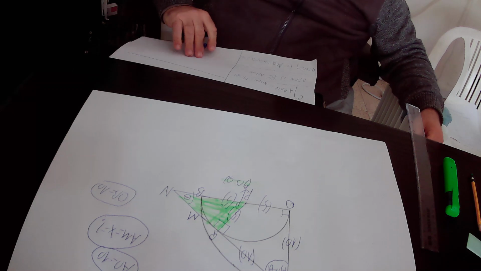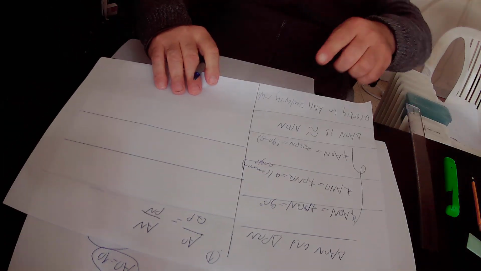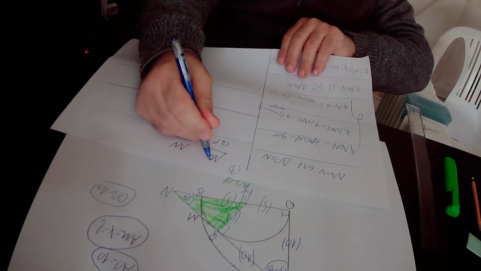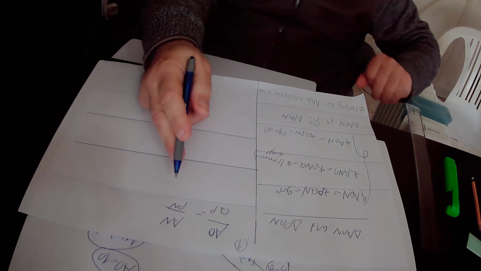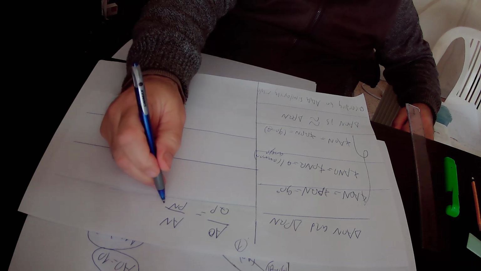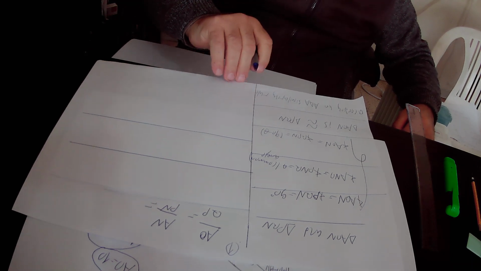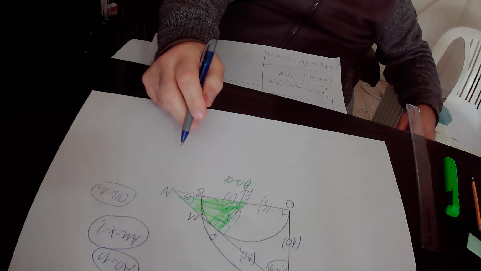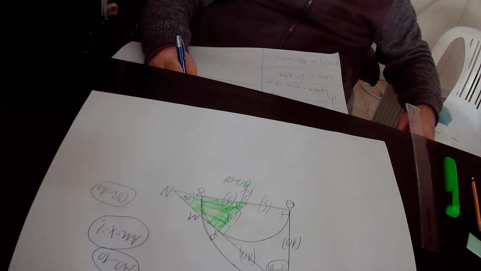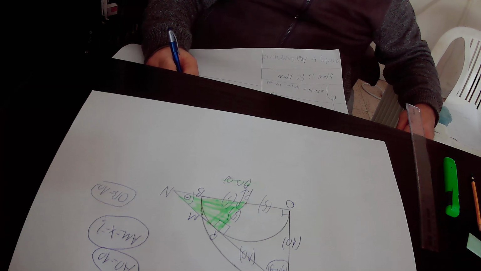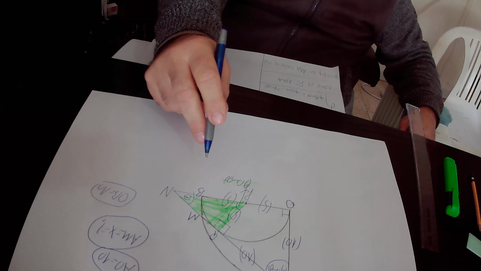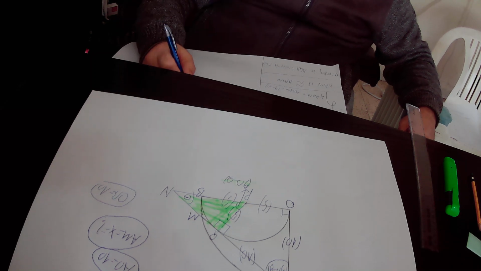Again, we derive that AO over QP equals AN over PN, and it equals side ON in the big right triangle AON over side QN in the small green right triangle QPN.